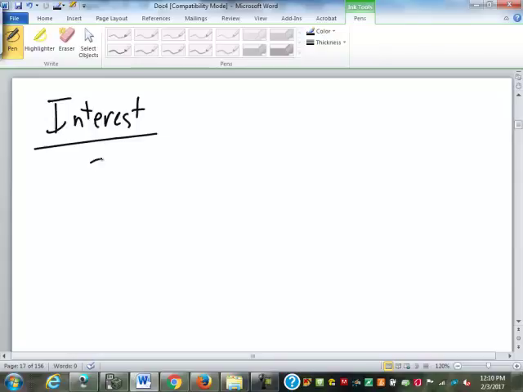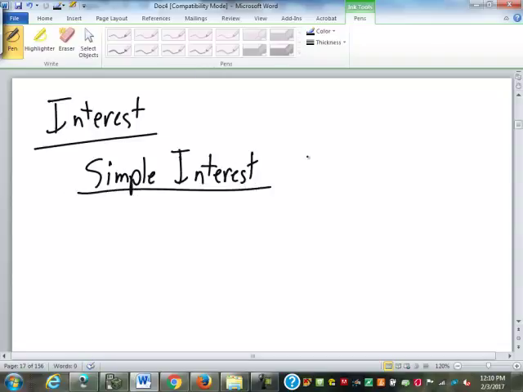We're going to start out looking at simple interest. Simple interest is just what it sounds like. It is the simplest way to calculate interest. In simple interest, interest is only calculated in one of two cases. The end of the term.